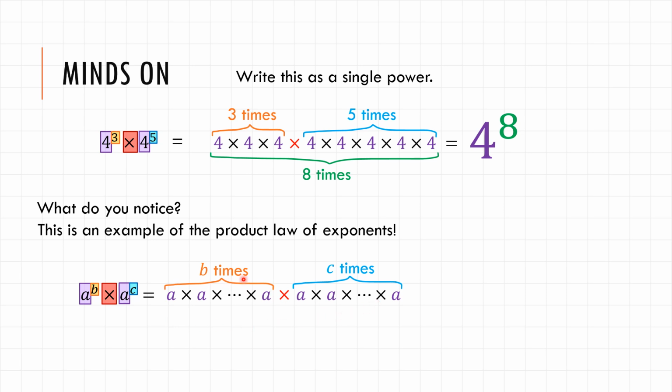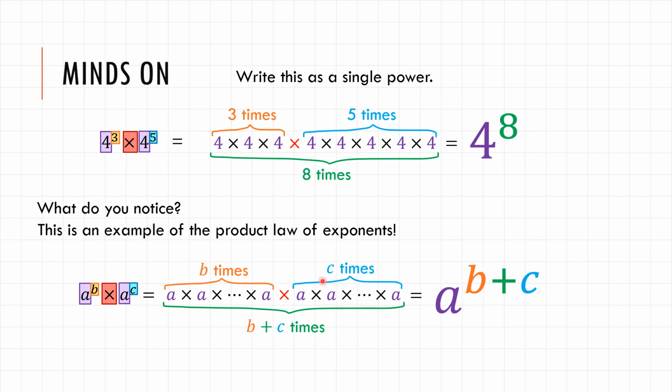It's always going to be this number plus this number. So b plus c times in total. And the way we write that as a single power is a to the power of b plus c. So if I wanted to do 4 to the power of 3 times 4 to the power of 5, I could skip right ahead to this step just by adding 3 plus 5.